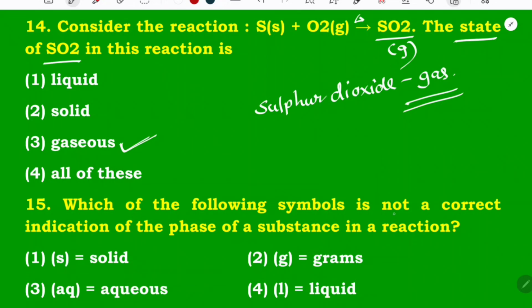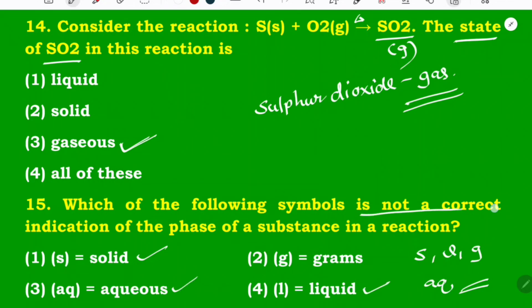Next, which of the following symbols is not a correct indication for the phase of a substance? We have phases: solid, liquid, gas, or aqueous. Solid is correct, aqueous is correct, liquid is correct, so these match.